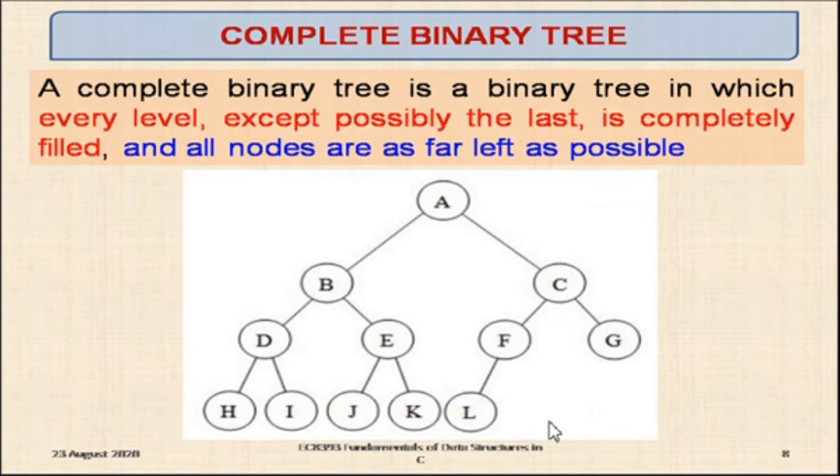But in the last but one level, all the nodes should have been filled. And as far left as possible should have been filled, as you can see here. Okay, if this condition is satisfied, then we can call that a complete binary tree.